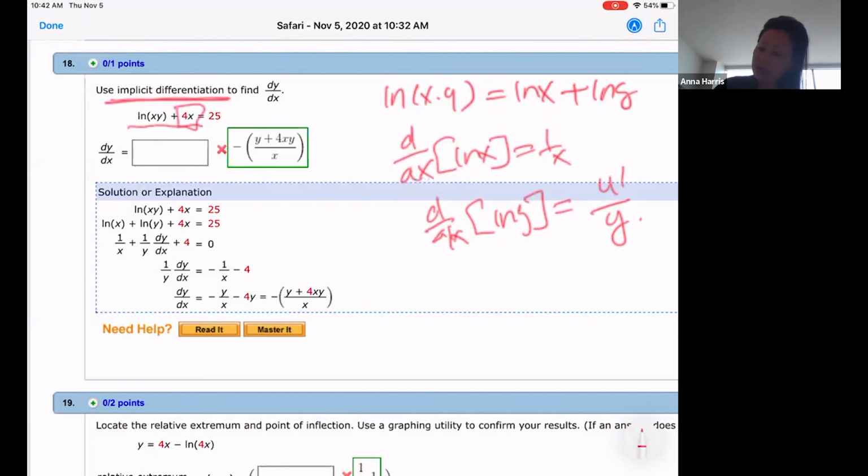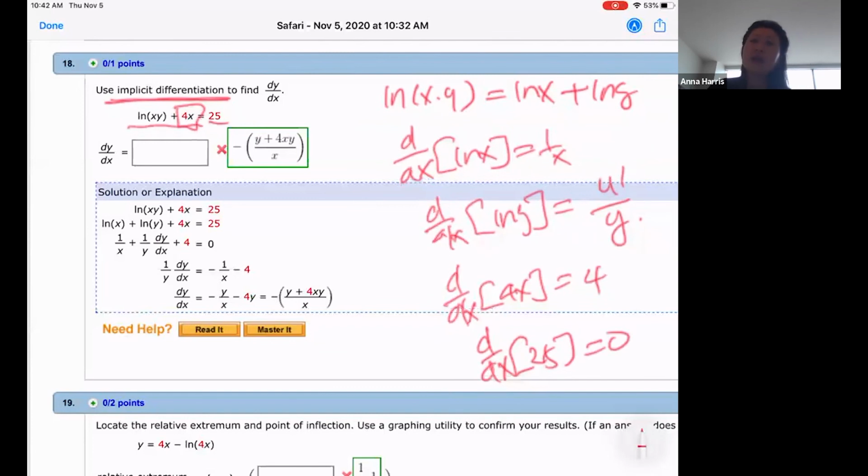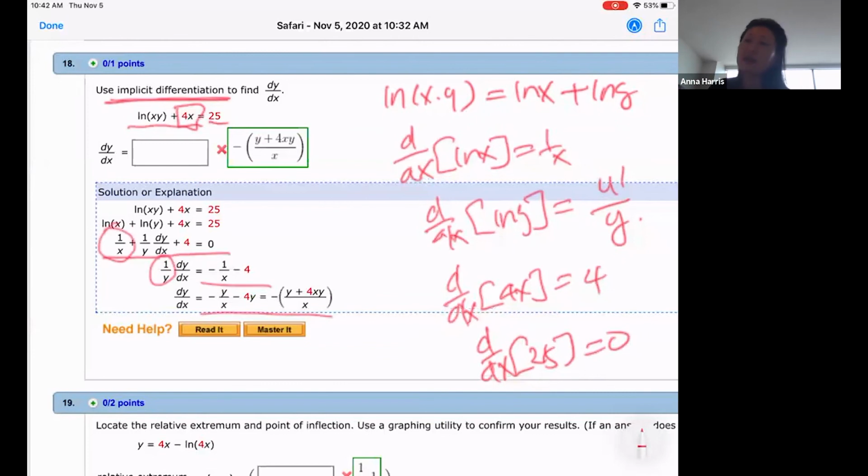And derivative of 4x is simply 4. And 5 is 0. And you can just combine them together. So I have this. I'm going to move everything that is not dy/dx to the other side. So you have this. So that's it for today.